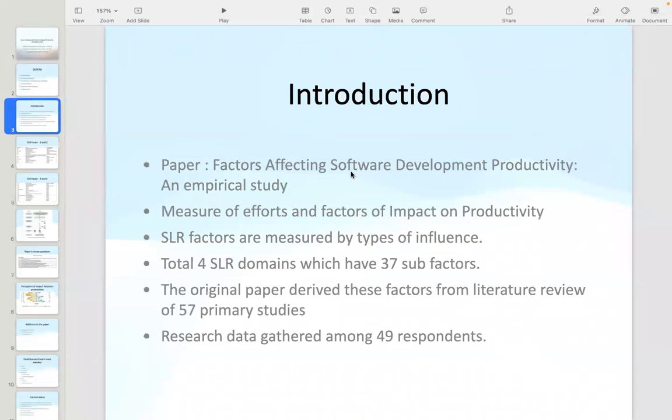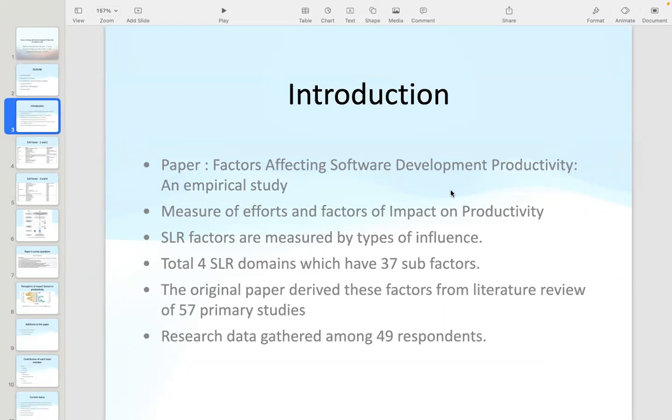So starting with the introduction, the paper that we have kept as the original paper is Factors Affecting Software Development Productivity, which is an empirical study. This paper measures the efforts and also the factors which impede the productivity of a particular person, who is generally a software developer.